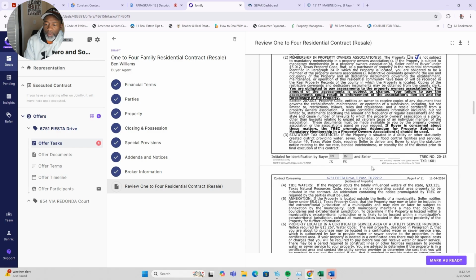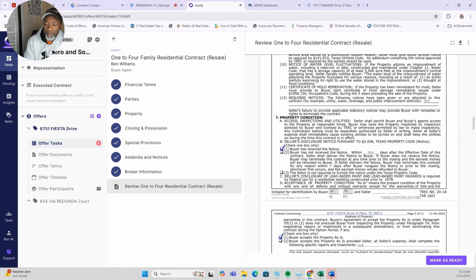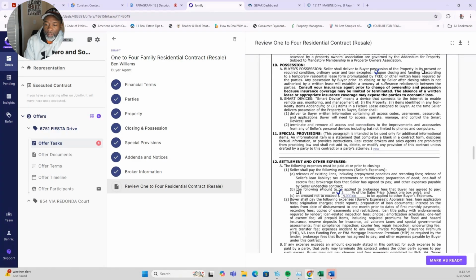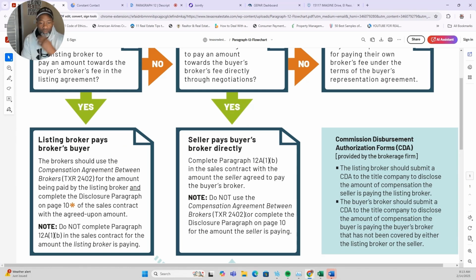If you go down to 12A1, now since the seller is paying it, then page 10 does not need to be filled out with the 3% because the seller is paying, not the listing broker, right? So let's go back over here. And that's what that is talking about.